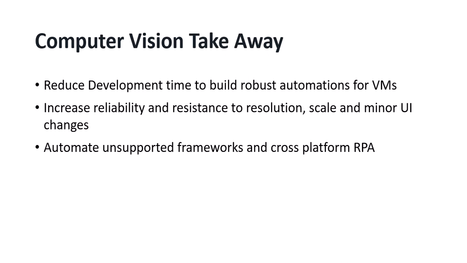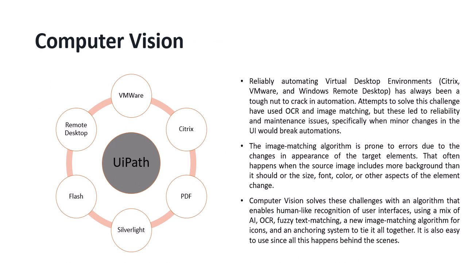So, in a way, UiPath computer vision is a very useful feature for all these different types of automations which we mentioned on the screen. It uses a neural network machine learning algorithm developed in-house by UiPath to identify all the different elements on the screen.